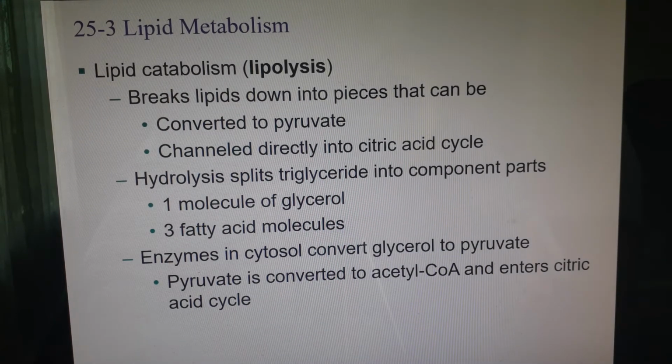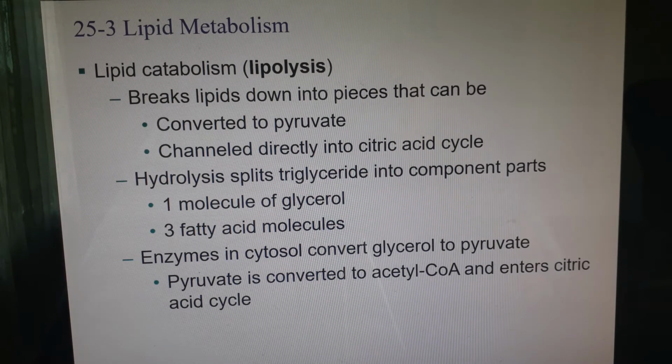And so we can break down lipids in a process called lipolysis. You see lipo and lysis together. And we can convert the pieces into pyruvate. That's kind of like what we would have done in glycolysis. And then we take those pyruvates and put them into the citric acid cycle. So we miss the parts that we got out of glycolysis, other than the pyruvates, but we can pick up from there. So we're able to produce ATPs based on these little pieces that are converted to pyruvate.